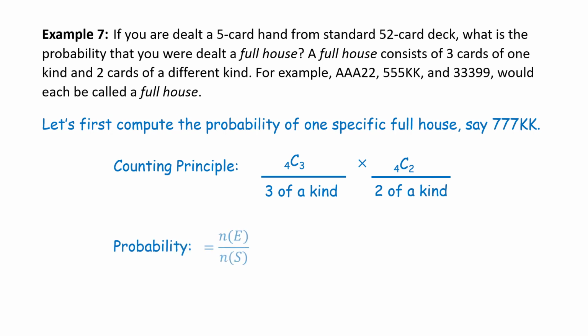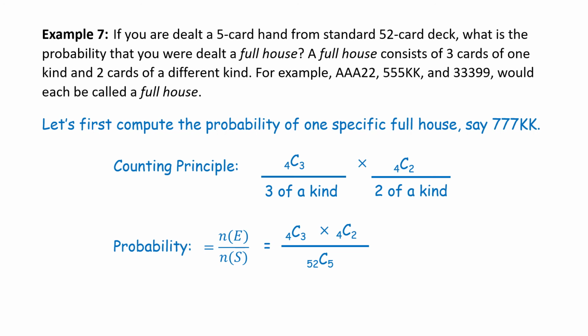How do we compute the probability? Well, that's the number of ways in which you can get the event you want divided by the number in the sample space. So, for the N of E, we're going to have 4 choose 3 times 4 choose 2, and that will be divided by the number of 5-card hands possible, which would be 52 choose 5.